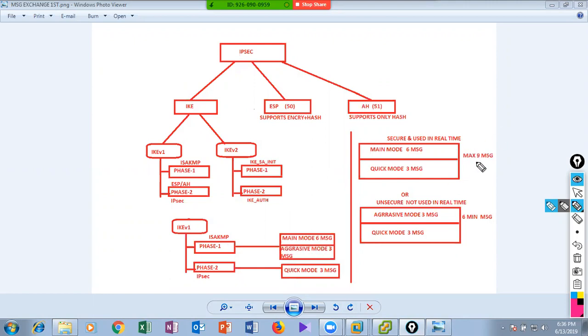We are going to use main mode and quick mode for the traffic encryption with IKEv1, wherein phase 1 is known as ISAKMP and phase 2 is known as IPsec. In phase 1, the protocol used is UDP port number 500, that's your ISAKMP, and in phase 2 we use the protocol ESP or AH. For security reasons, we are using ESP, not AH. Am I clear?